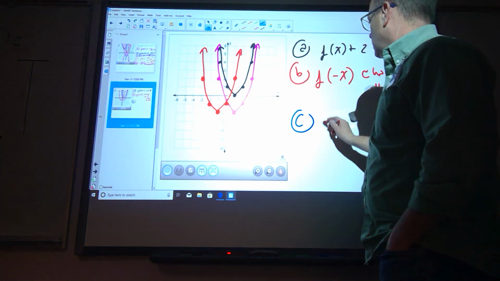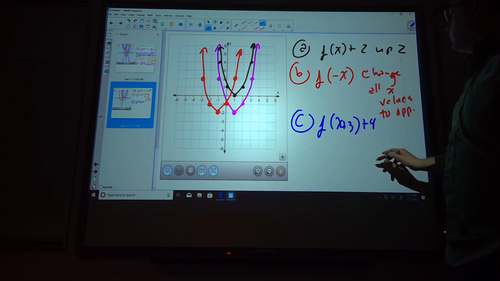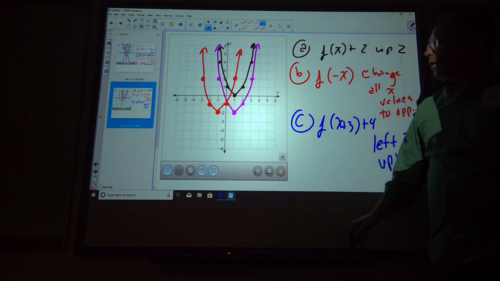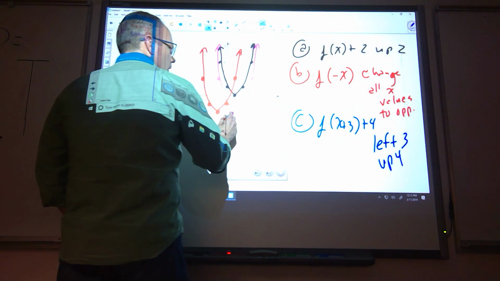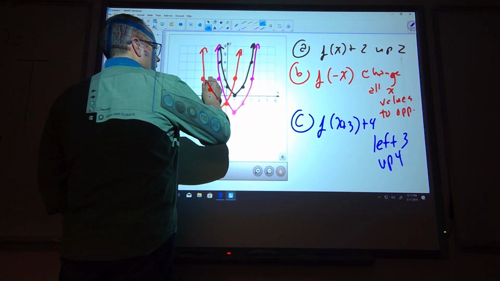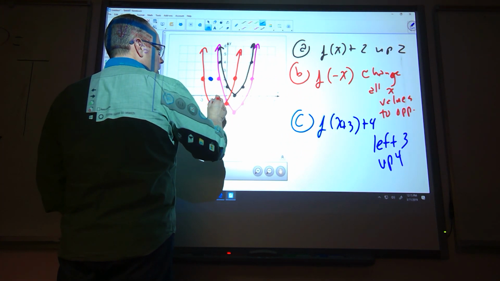And then letter C gives us 2 things. This is going to go left 3 and up 4. Okay. So going from the pink, I'm going to go left 3, up 4.